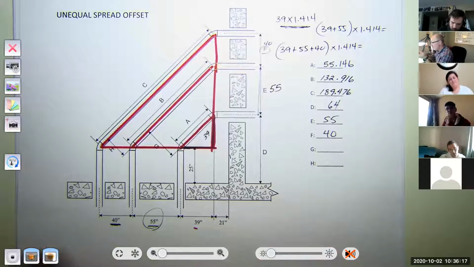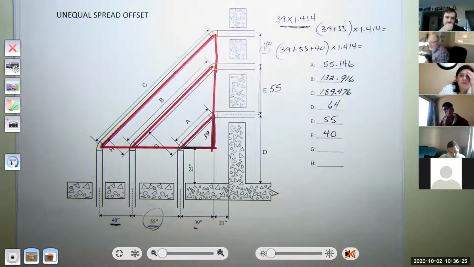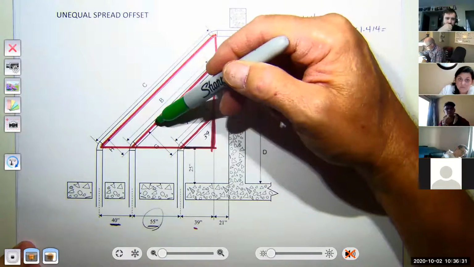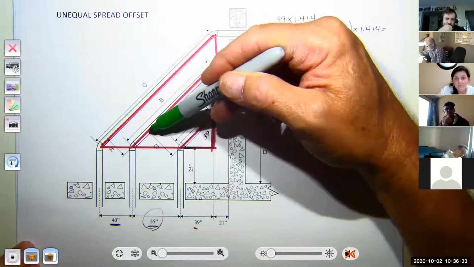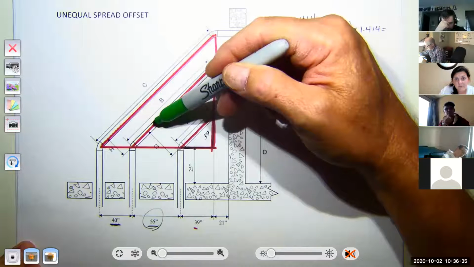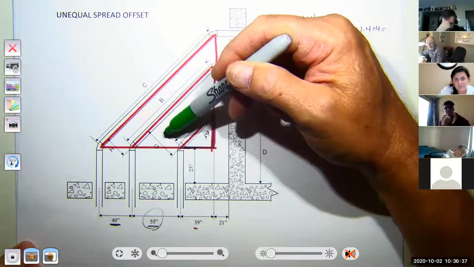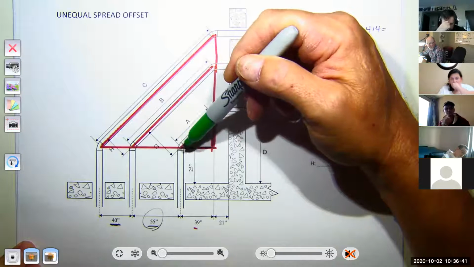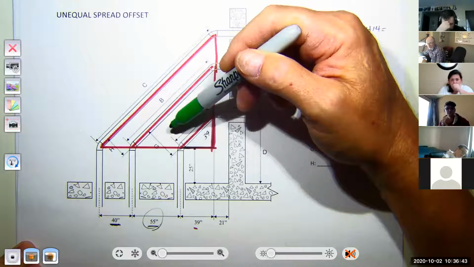And now this is where it gets a little funkier, I think. So we now want to determine the spread. So G, we want to know the spread across here. You see where G is? We want to know the spread between these two pieces of pipe right here. We want to know how far apart they are in this regard.